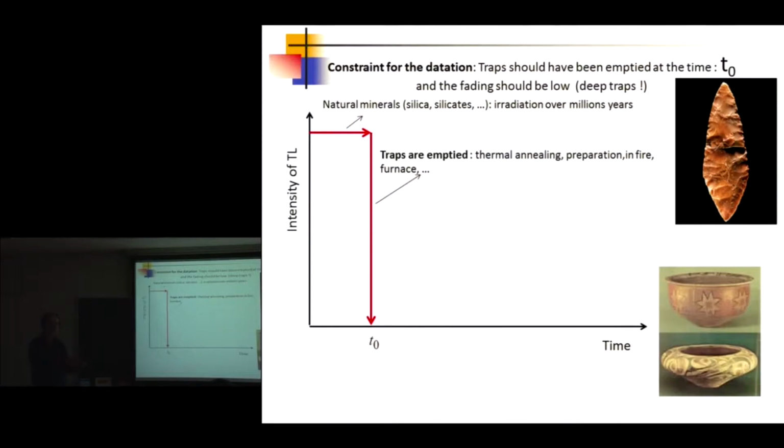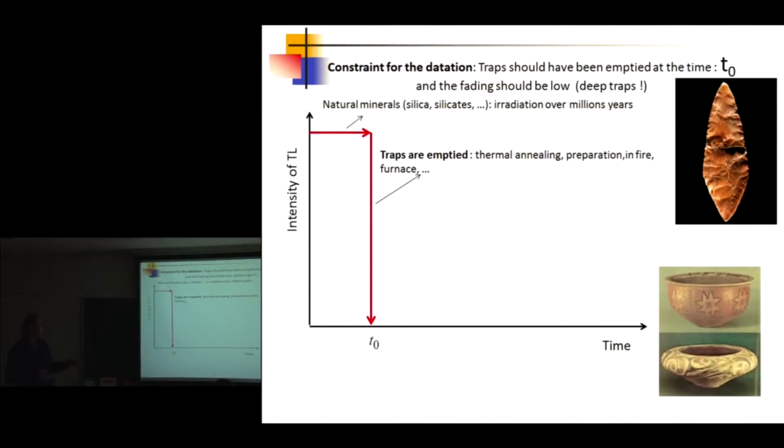They made a fire, and they put the pottery in the furnace. It was a T0. At that time, all the traps coming from the raw material were released. So when they cook the pottery for the first time, it's T0, it's the beginning.